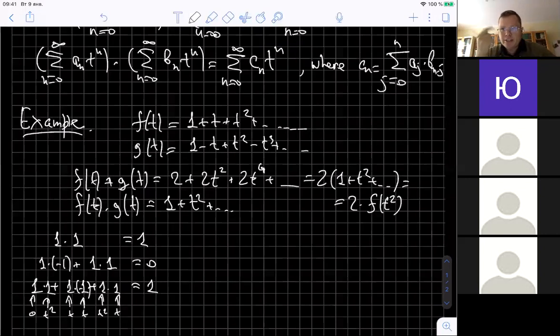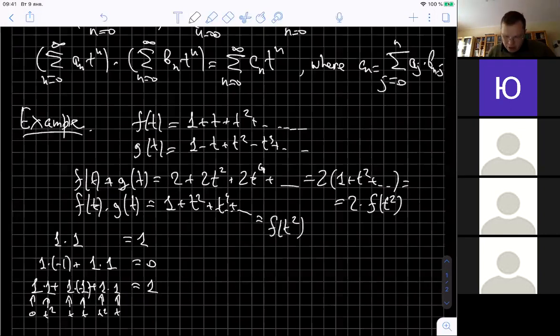So they'll be cancelled and the coefficient will be 0. And if you have odd powers, then we'll have one more 1 than minus 1. So the answer will be 1 plus t squared plus t to the fourth power and so on. So it is just phi of t squared.